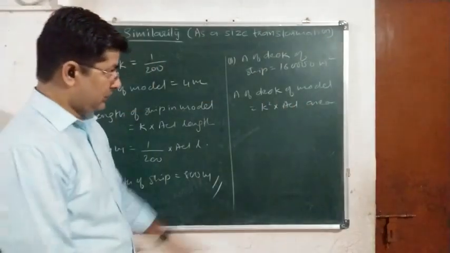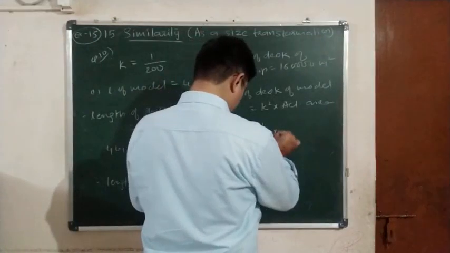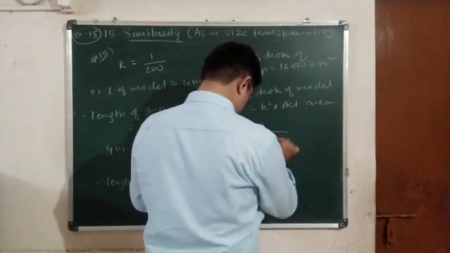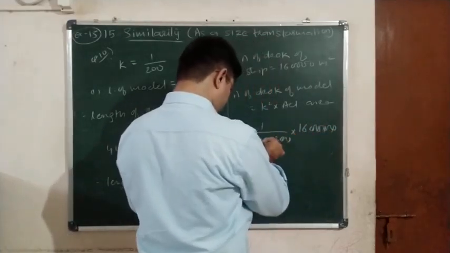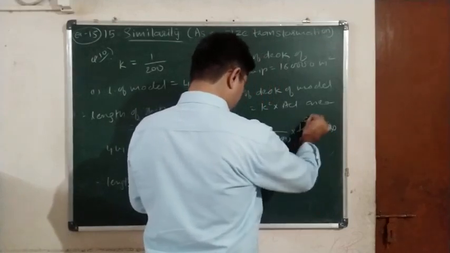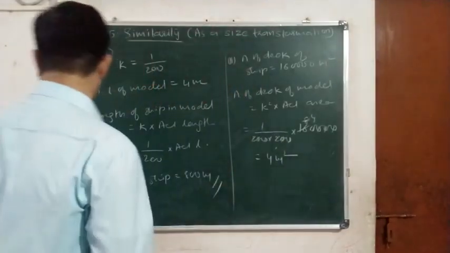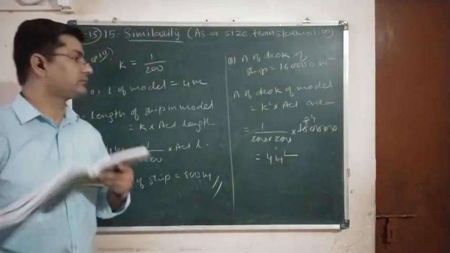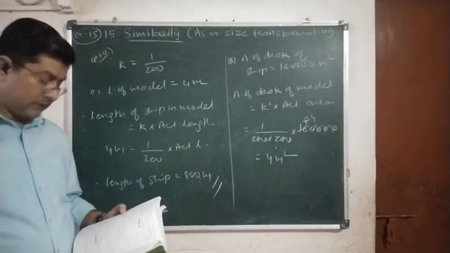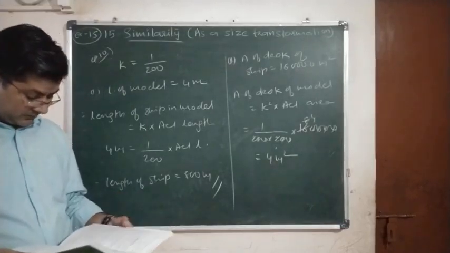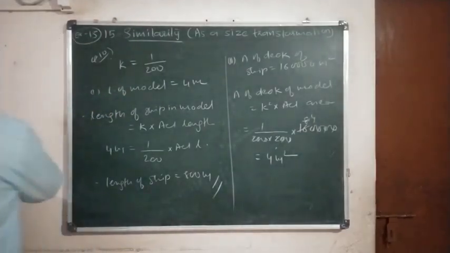Okay, so actual area is 1,60,000, so is equal to k square, that is 1 upon 200 into 200, 1 2 3 4, 1 2 3 4, 2 8 and 2 4 so 4 square meters. This is the area of deck of model. Okay, so 4 square meter.